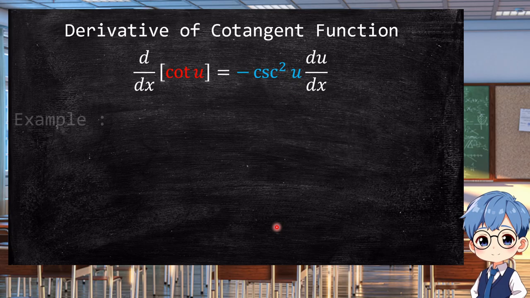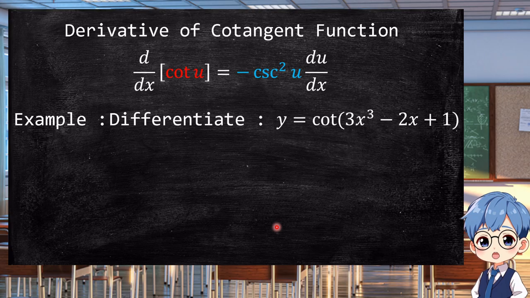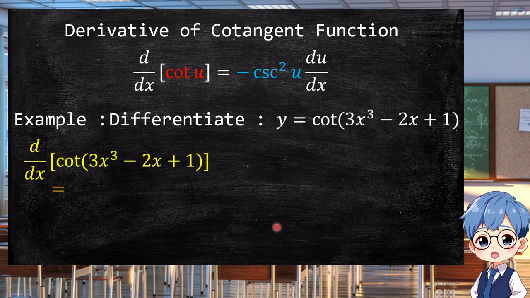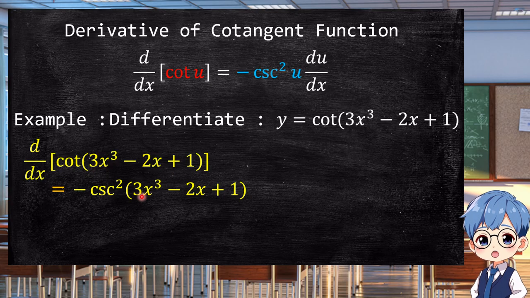Example, differentiate y equals cotangent of 3x cubed minus 2x plus 1. So we will have negative cosecant squared, and then just copy u. Our u here is 3x cubed minus 2x plus 1.